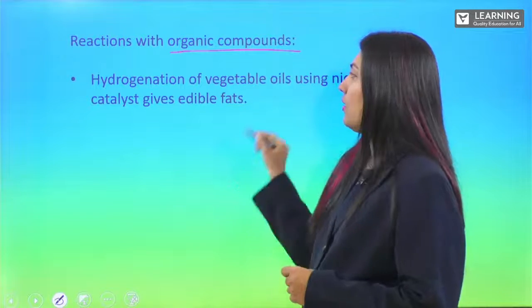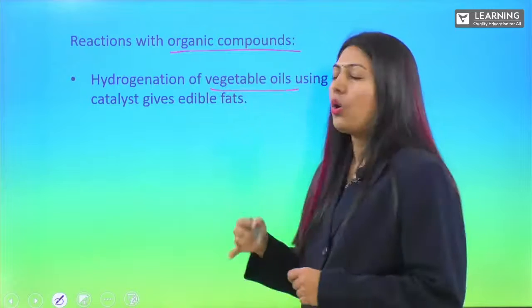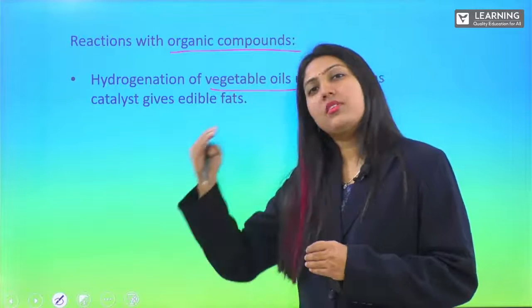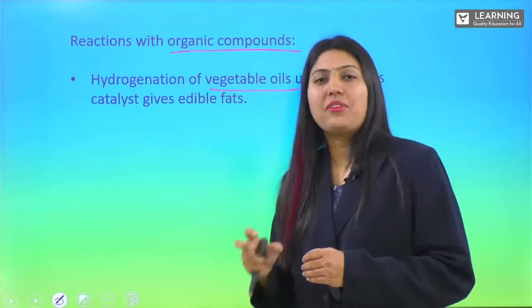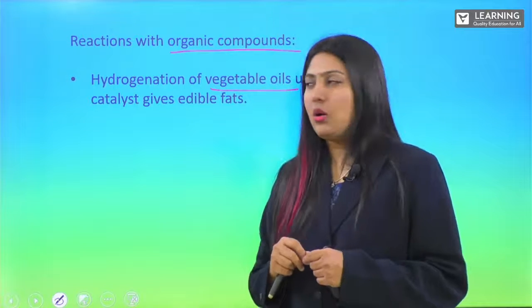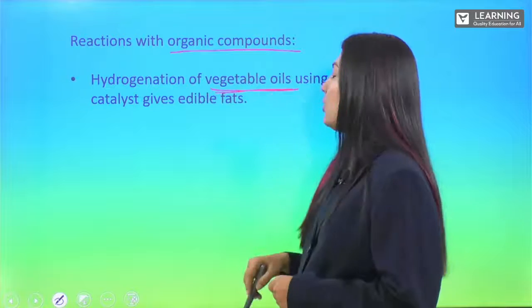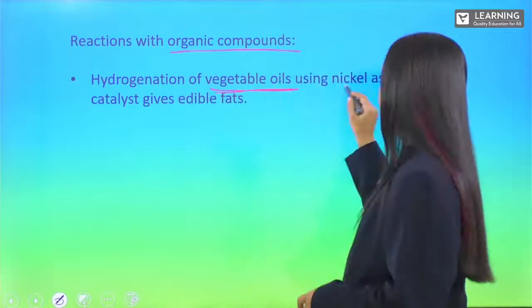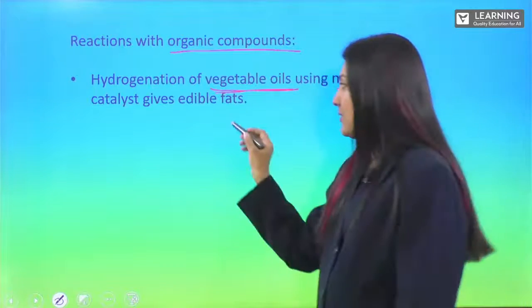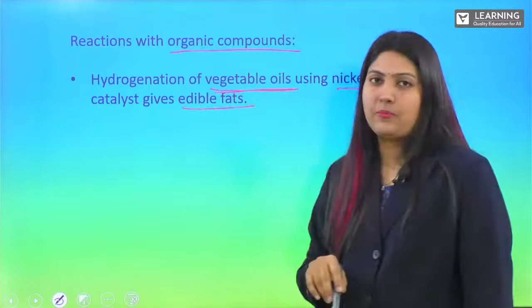When we take vegetable oils, they are derived from plants and contain carbon compounds. So hydrogenation of these vegetable oils in presence of nickel as a catalyst gives you edible fats.